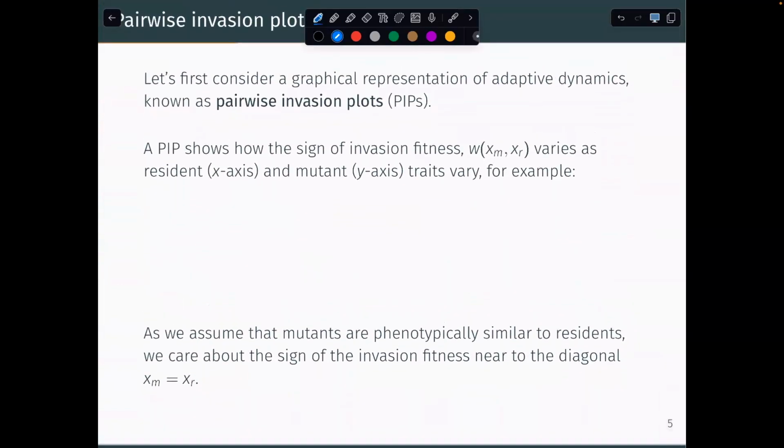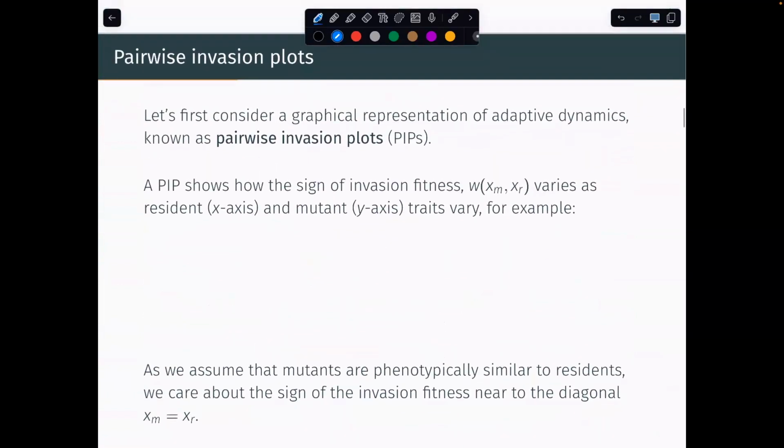So the first thing we're going to do today is think about graphical representations. These are called pairwise invasion plots, or PIPs for short. These can really help you if you're having trouble visualizing what's going on with adaptive dynamics. All these do is show essentially just the sign of our invasion fitness as a function of xm and xr.